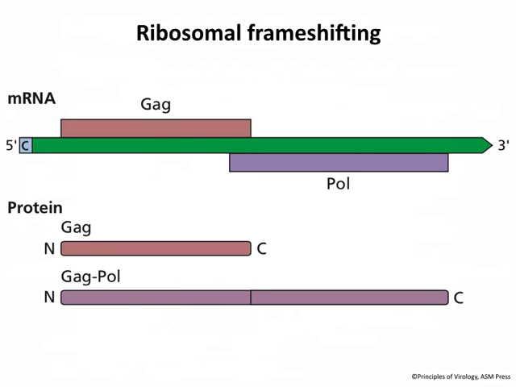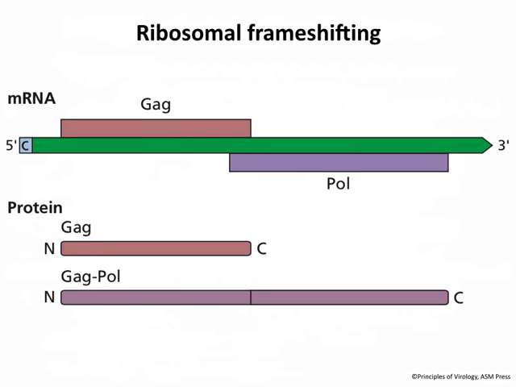I just showed you an example of how suppression of a stop codon allows you to translate the polymerase from the retroviral mRNA. Other retroviruses do that in a different way. They do frame shifting. So the GAG protein is made by translation at the first AUG. There's a termination codon at the end, and that gives you the GAG protein right there.